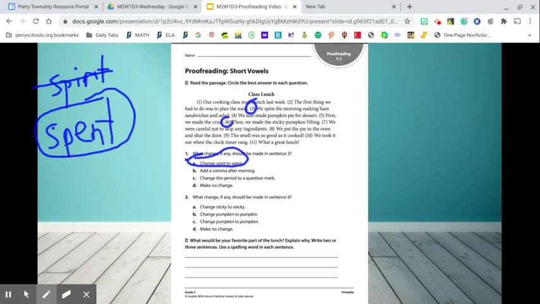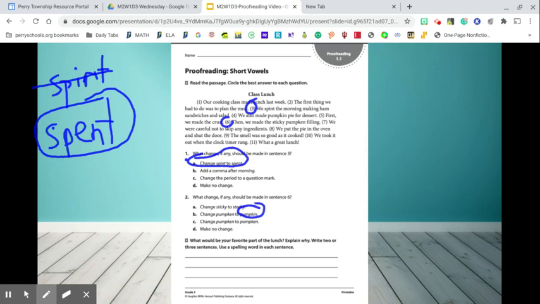The next one is change pumpkin to pumpkin. I know that we could do the ending as Ken or Kin. Both of them say the same thing because of having the N in the word. I know, though, that pumpkin is the correct way to spell it. So I think that might be the right answer.